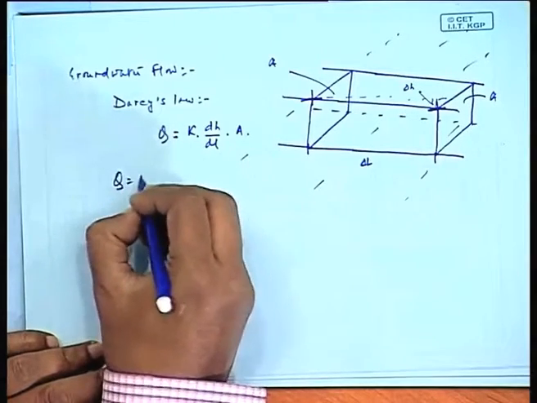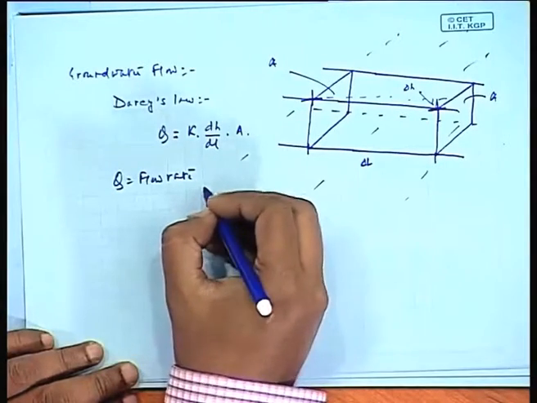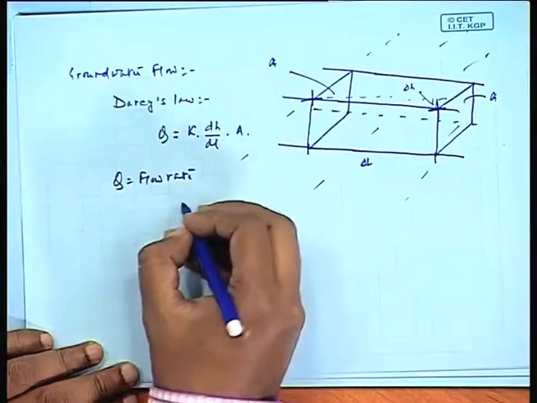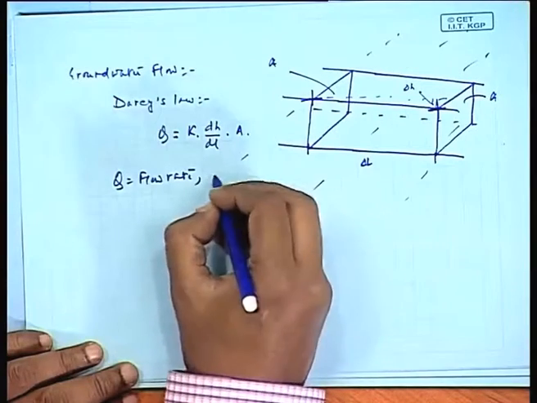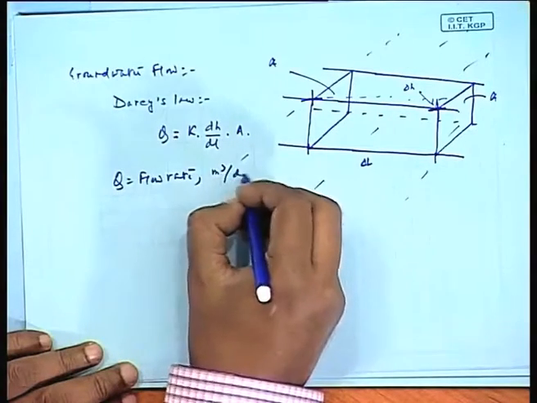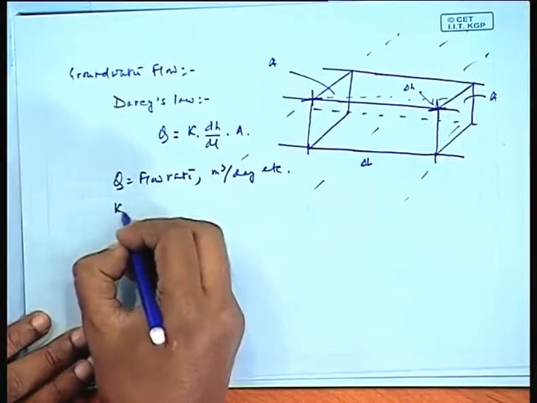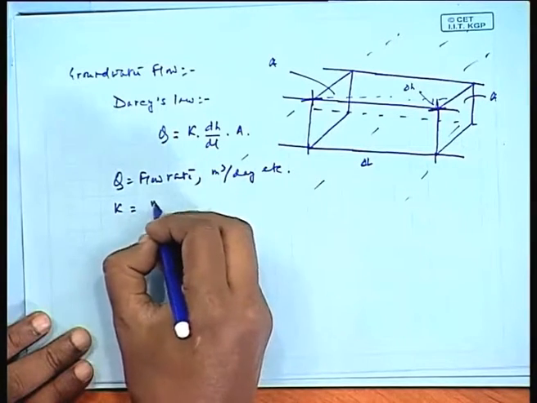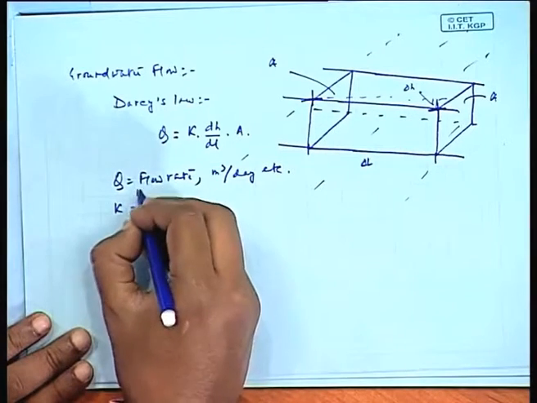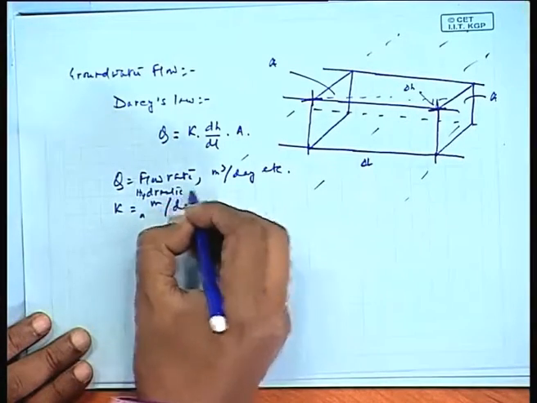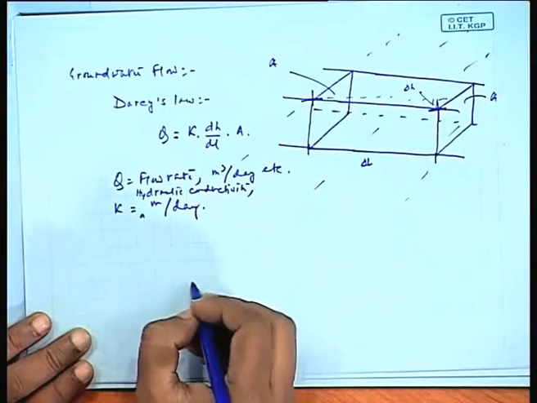Q is the flow rate, say in meter cube per day. K is the hydraulic conductivity, in meter per day.